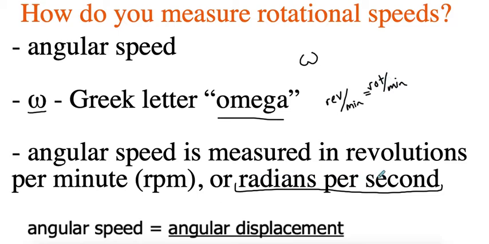Now radians, if we convert from this to radians, we're going to have to do a little bit of work. So remember, one revolution, that would be going around the circle one time, is equal to 360 degrees or 2 pi radians. So we have to remember that conversion as well, which I'll write down when we get to the problems in a minute.